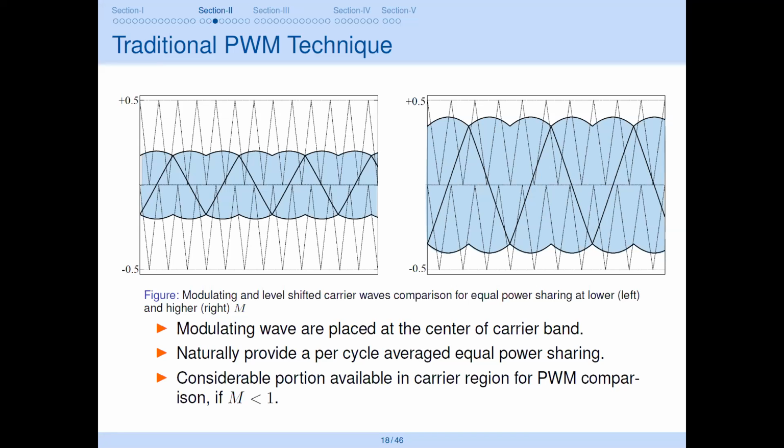And if the modulation index is less than 1, because we generally say the modulation index varies from 0 to 1, you can see that there is still some area left in the carrier band for further comparison. So in order to have different power drawing from each inverter, you can use a method called the offset PWM technique.